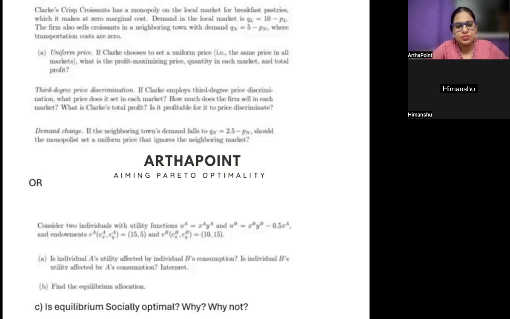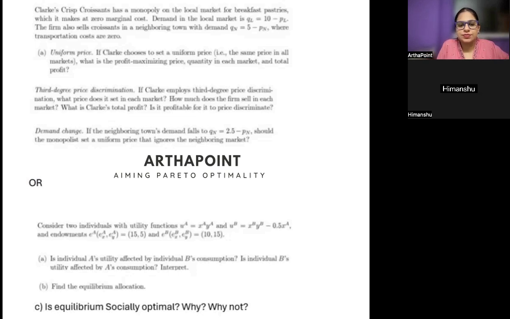So I got the common price as 15/4. Quantity in the local market is 25/4, and in the neighboring town it's 5/4. The profit that I got was 450/16, which is around 28 point something. Exactly, correct. So this is the first part.